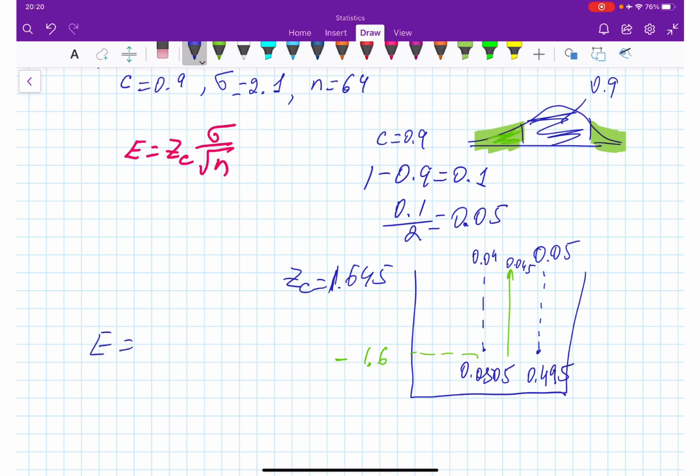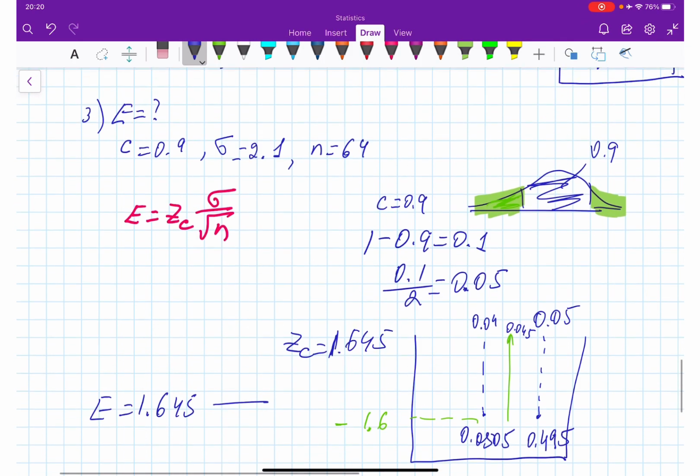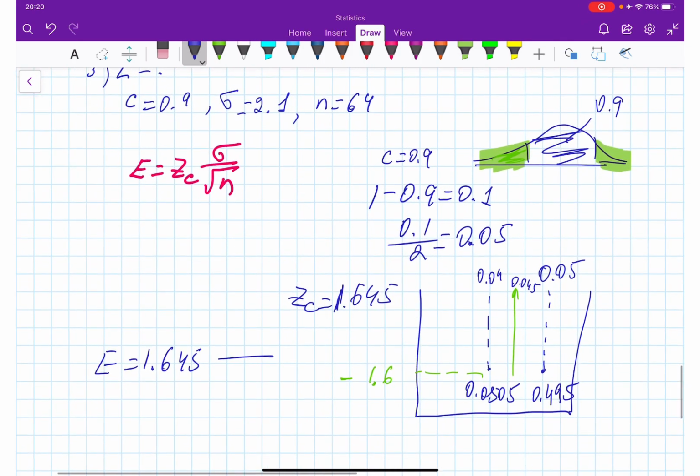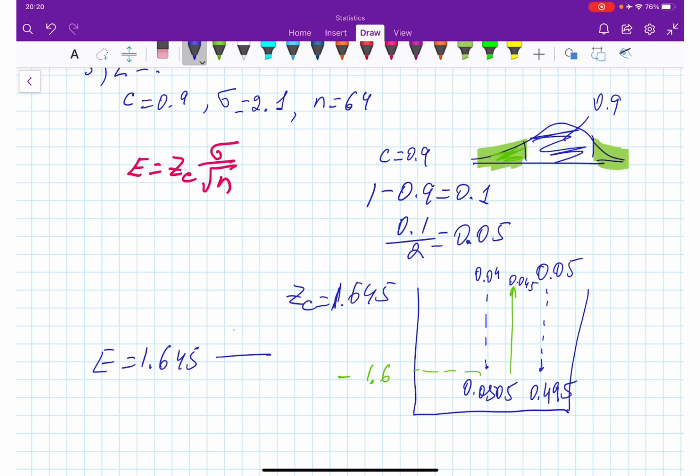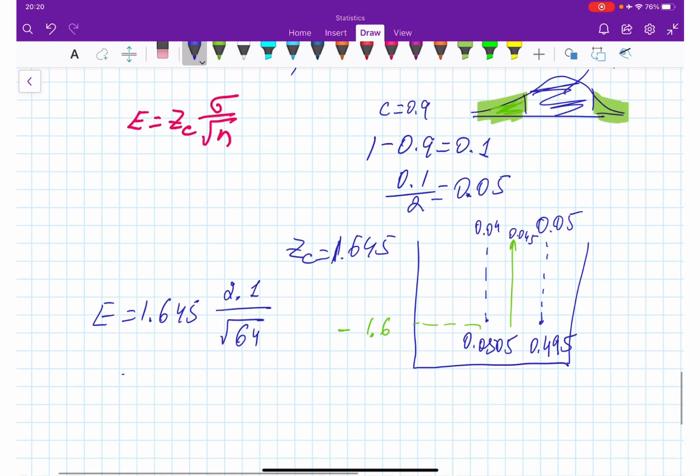Margin of error is 1.645 times, what do we have there? Sigma 2.1 and square root of 64. Here is 2.1, square root of 64 is 8. So now let's solve it.